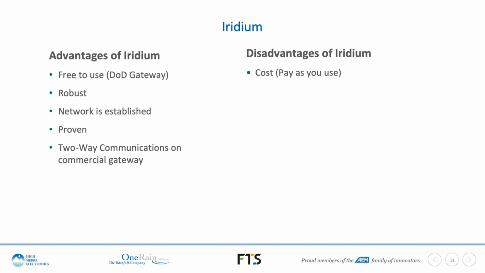It's a great network, proven, and under some cases, it's two-way communication, which is great for, again, for satellite. The disadvantage is cost. The cost is quite expensive if you're not getting free access to it. It can be expensive. So if you want the two-way communications and you want all the advantages of Iridium, it does cost a bit.